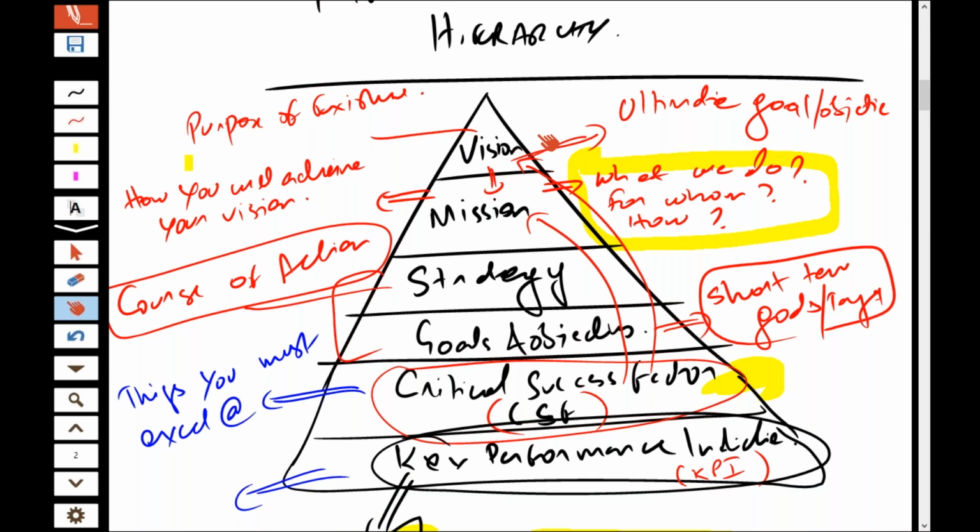I told you that an organization's top is the vision. In order to achieve this vision, things go on and on, and ultimately it's the critical success factors that matter. And when you've got the critical success factors, there are these KPIs also.